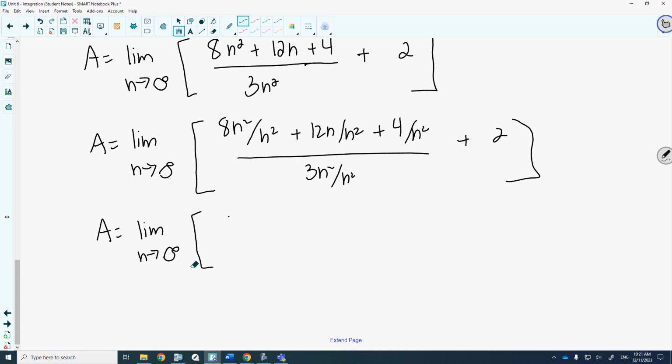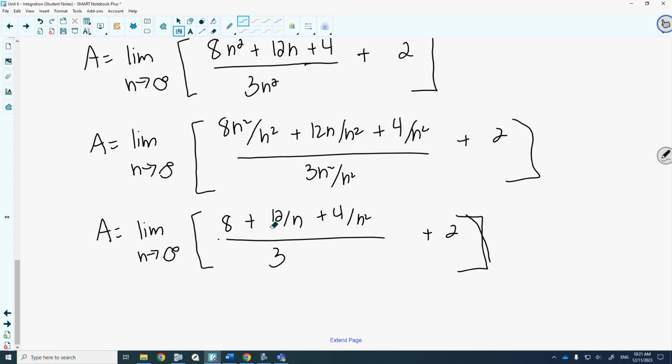And that's going to give me 8 plus 12 over n plus 4 over n squared all over 3 plus 2. Now, as n approaches infinity, 12 divided by infinity will approach 0. 4 divided by infinity will approach 0. So what my limit is approaching is going to be 8 over 3 plus 2.